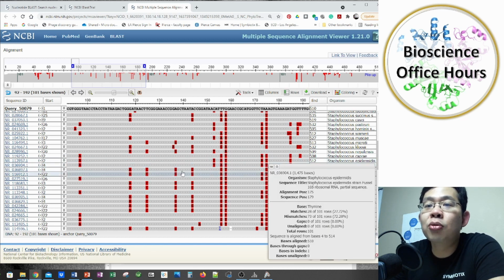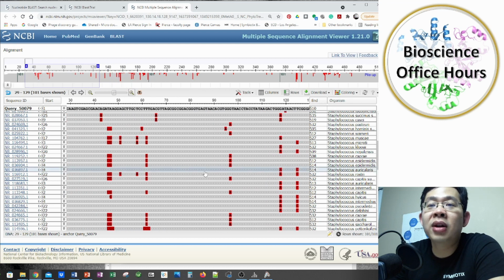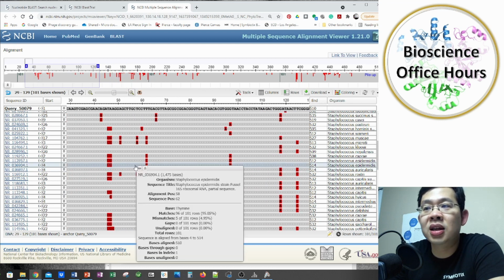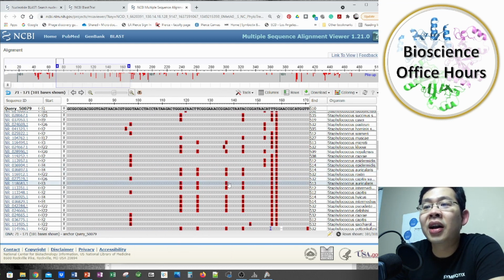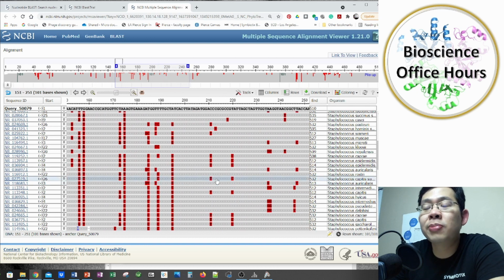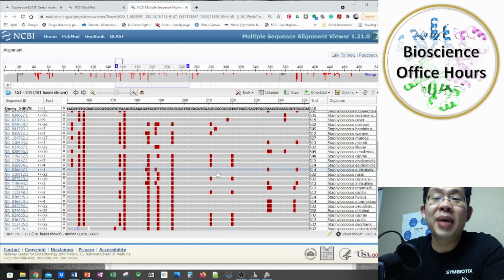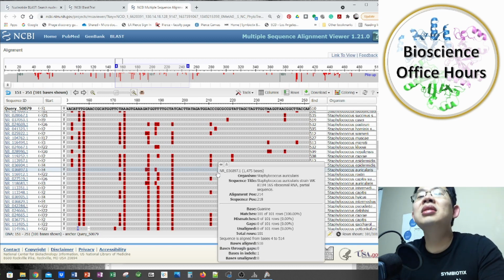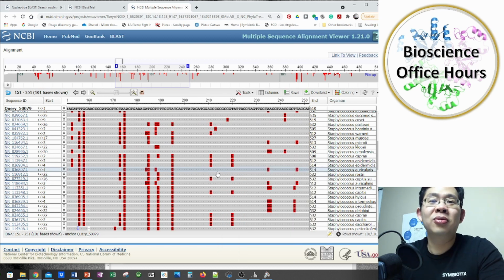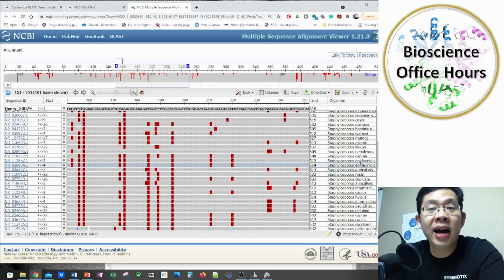When you start seeing multiple mismatches, in fact not just this space, that one too, the C, G right here, and all the way along, it's a lot of mismatch. When you see multiple of these mismatches, the chance of our organism being Staphylococcus epidermidis is highly unlikely. It's very, very low, right?